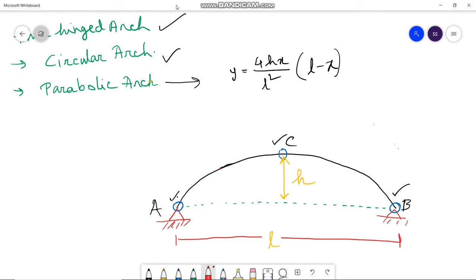Let us take an XX section at a certain point on the arch.